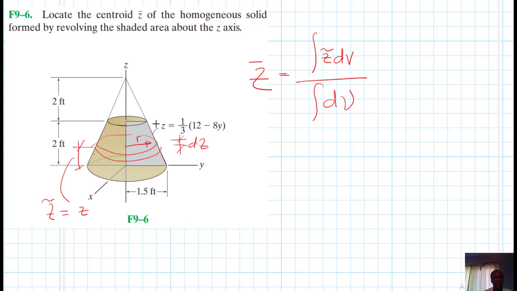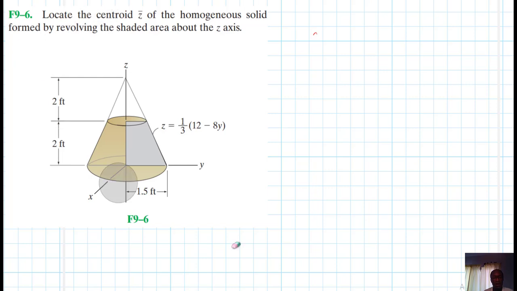It will also have a radius r, and our r in this particular case will be equal to the distance in this direction, which is y, right? Okay, so let's cut a small cylinder.